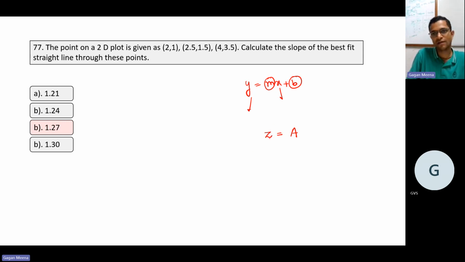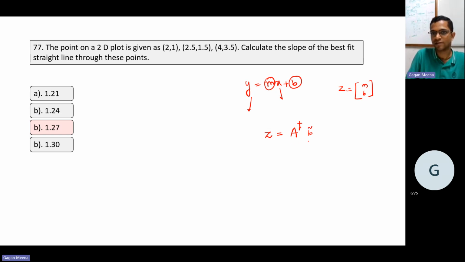Let's say the unknown is represented by the vector z, which is m and b. So z will be the pseudo inverse of A times b. Here b is the input, let's say b prime.